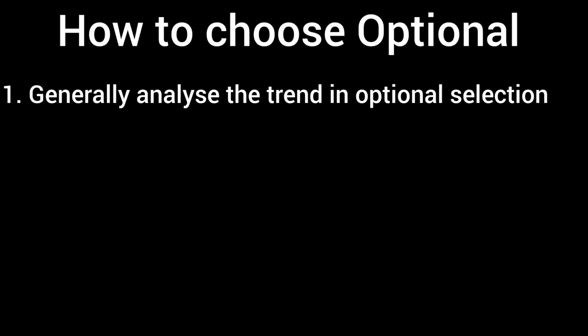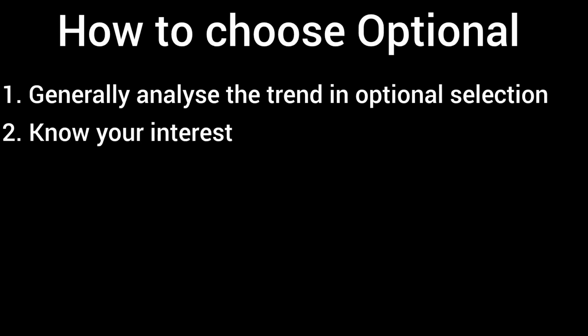So in order to get good marks in mains and at least 300 to 350 marks in optional, first we have to understand the trend. Previously aspirants used to take psychology as an optional, and after that the trend has shifted to public administration, anthropology, sociology, like that.